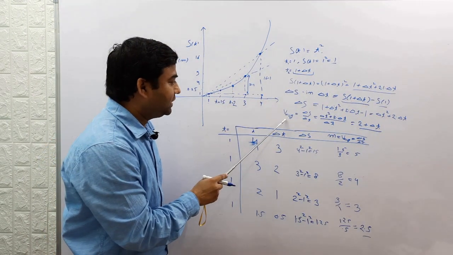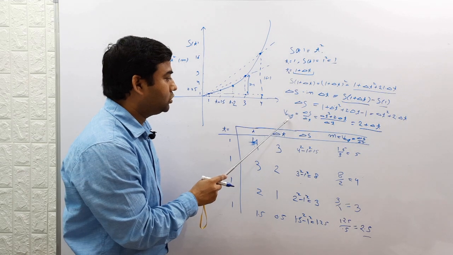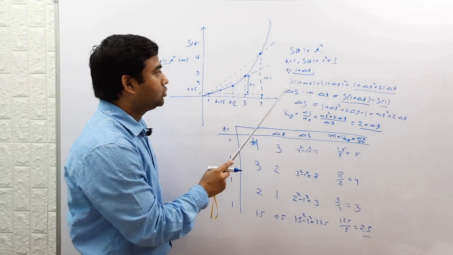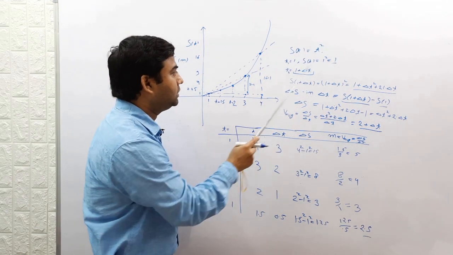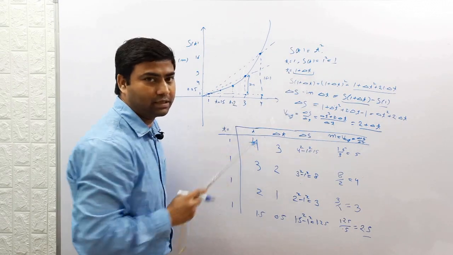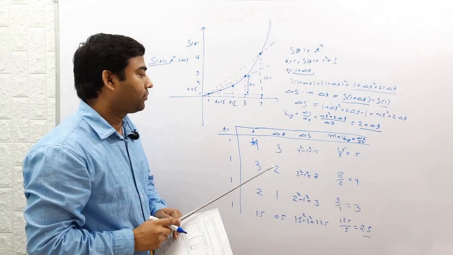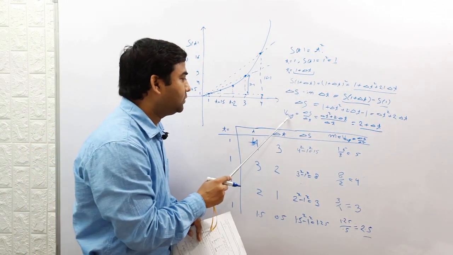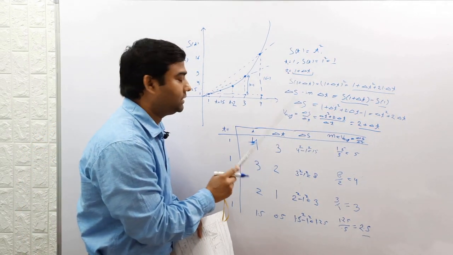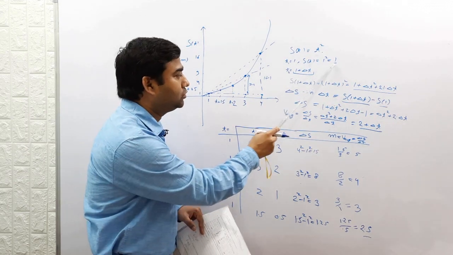So we found average velocity. So this average velocity is also gradient of secant joining point t equal to 1 and t equal to 1 plus delta t. This will be gradient of secant, and this is also average velocity for time interval delta t from t equal to 1.